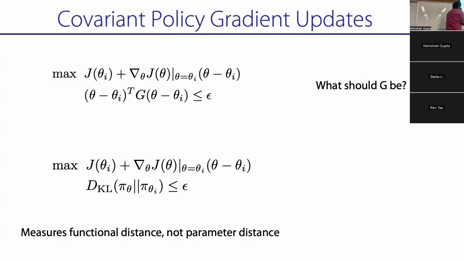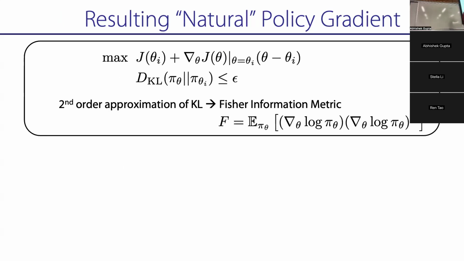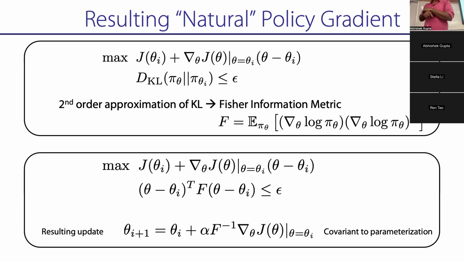If you're saying don't let the policy change too much, we showed that the second order Taylor approximation of the KL divergence is this thing called the Fisher information metric, which is the outer product of the grad log pi's. Then we showed that if you do steepest descent not in the Euclidean norm, but in the KL divergence approximated to second order, you get the natural gradient, which is basically gradient descent weighted by the inverse of the Fisher information matrix.